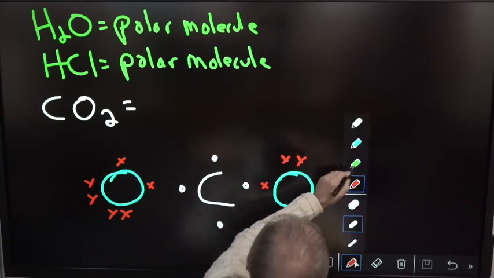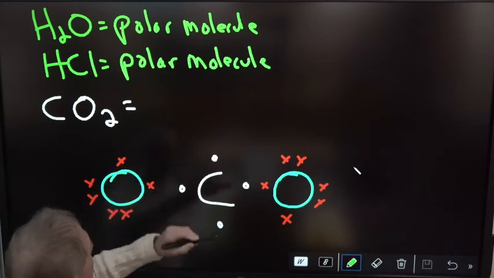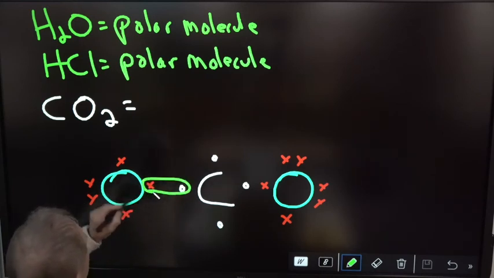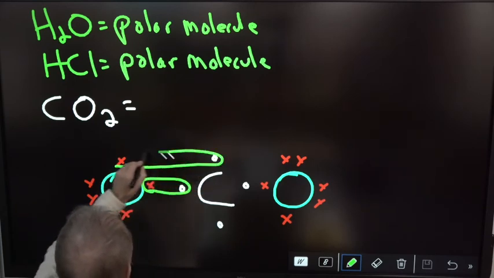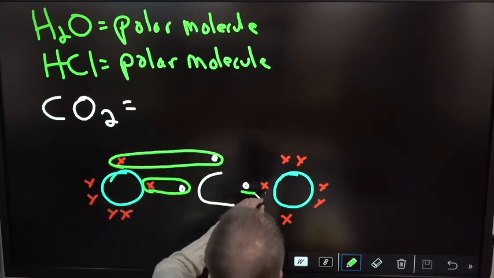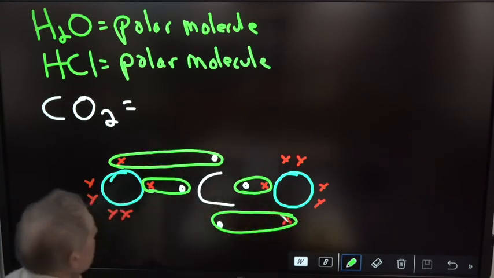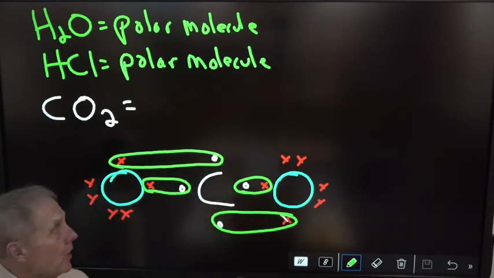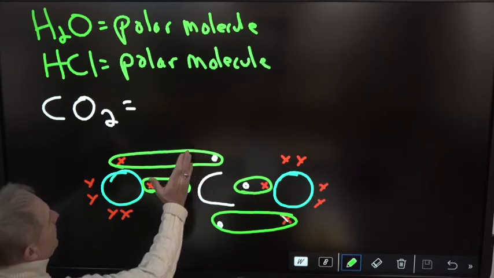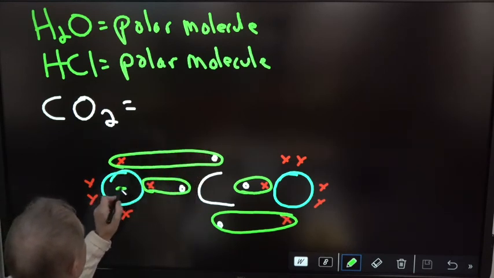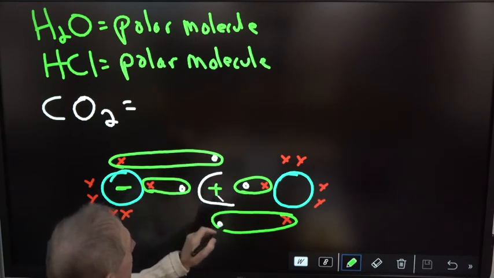Now watch. When they get together, they have a pair of shared electrons there, a pair there, a pair there, and a pair there. Now remember, O pulls harder. So these pairs would actually be closer to the O. So O would be slightly negative, the C would be slightly positive.